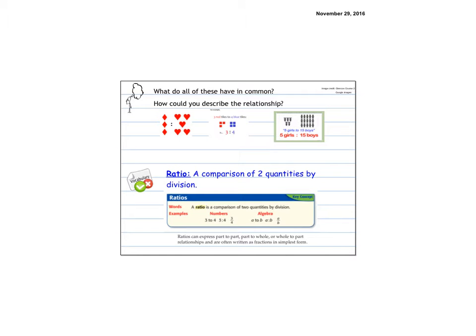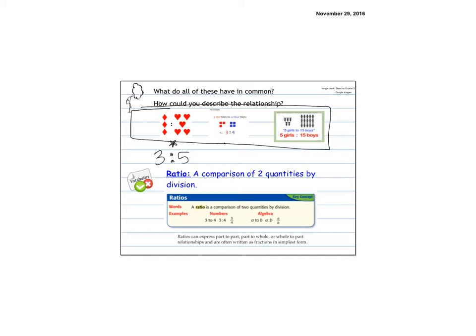When we look at these three pictures, we ask ourselves, what do they all have in common? Well, this one right here, we have 3 diamonds and 5 hearts. So we would say 3 diamonds to 5 hearts, so 3 to 5.